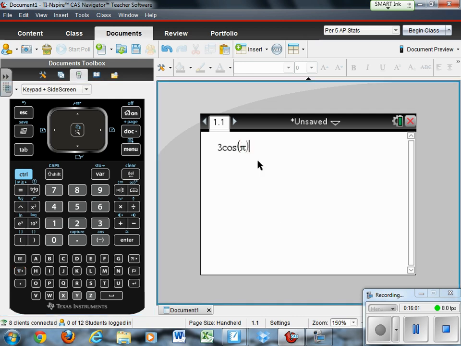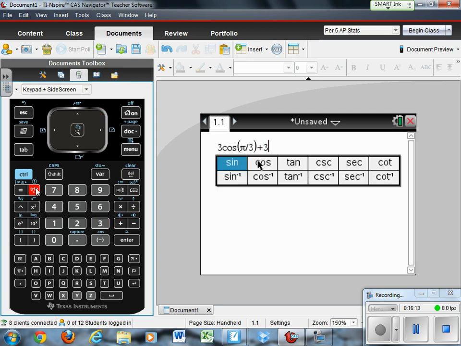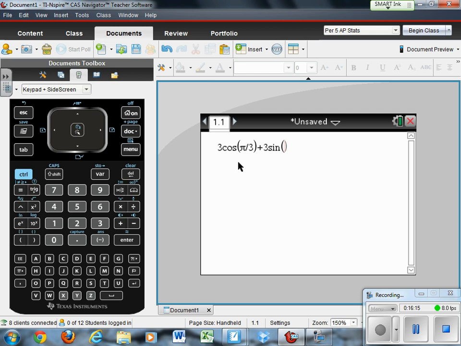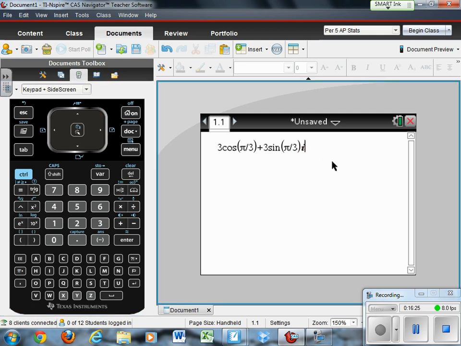Okay, 3 cosine of pi over 3, and then plus 3 sine of pi over 3, and make sure that you put the i outside of the parentheses, because we're not taking the sine of i, we're multiplying that by i. So if you've got this, there's my expanded form. Notice there's my 3/2 plus 3 square root of 3 over 2 i. So there it is in rectangular form.